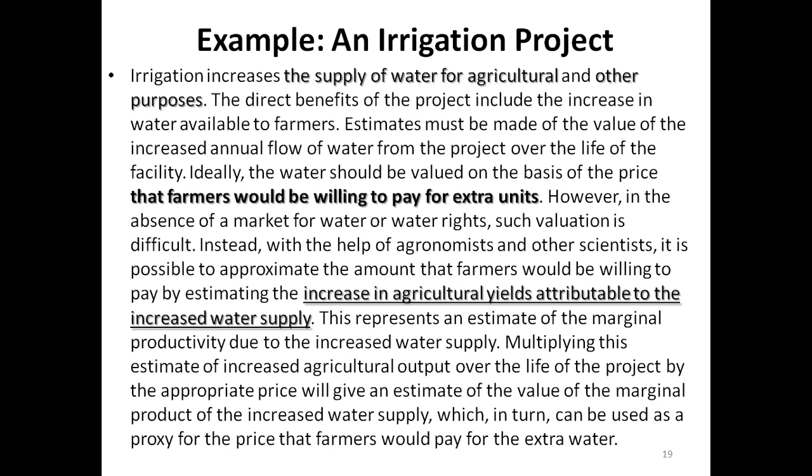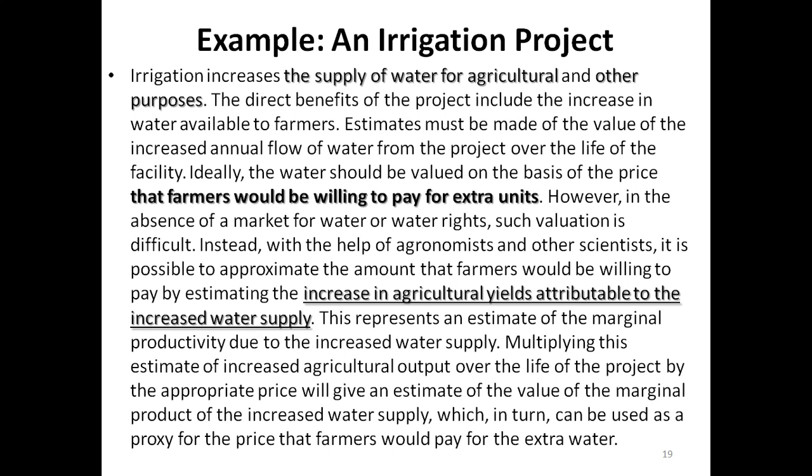Ideally, the water should be valued on the basis of the price that farmers would be willing to pay for extra units. However, in the absence of a market for water or water rights, such a valuation is difficult.